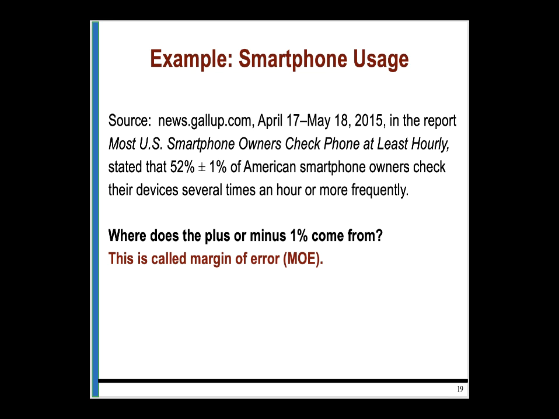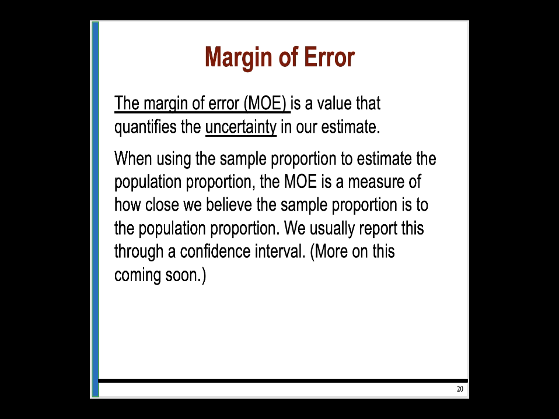That is called the margin of error. The margin of error in a study is the value that quantifies the uncertainty of our estimate. So earlier we talked about this idea that when we do an estimate from a sample to estimate the population, there's going to be some level of inconsistency between the true value and our sample value.